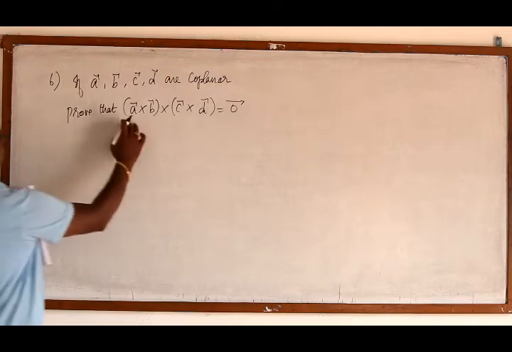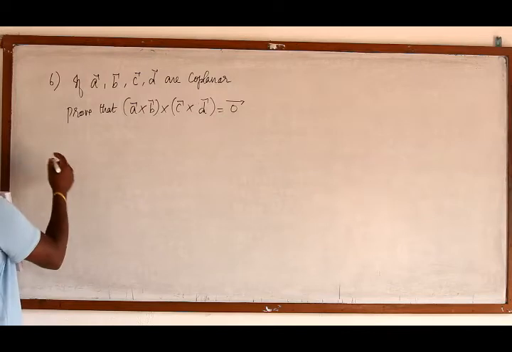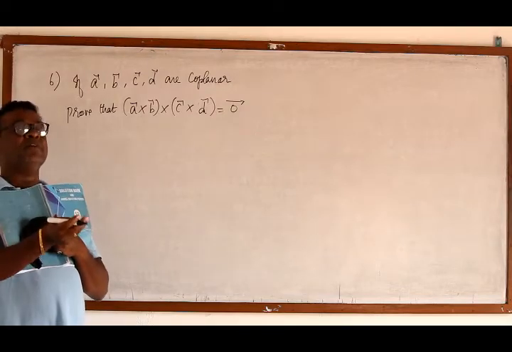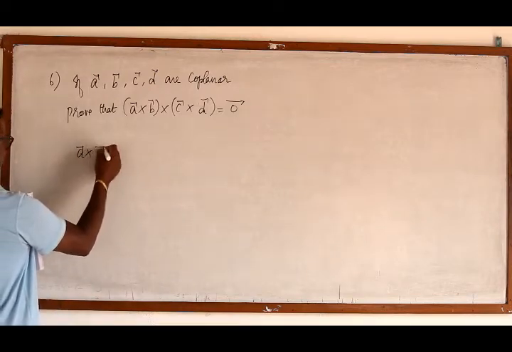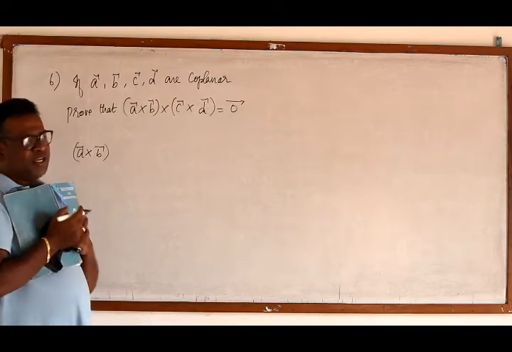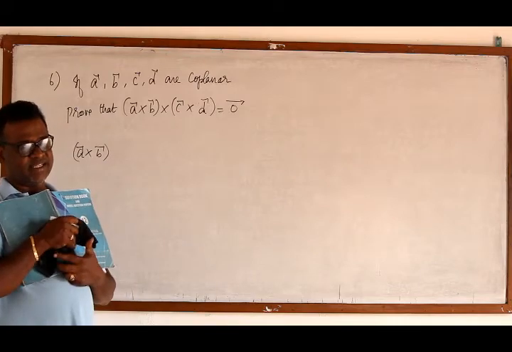Now, everything is cross. Given 4 vectors are coplanar, we know cross product of 2 vectors always gives a perpendicular vector. Therefore, A cross B is a perpendicular vector to a plane containing all these 4 vectors, A, B, C, D vectors, isn't it?